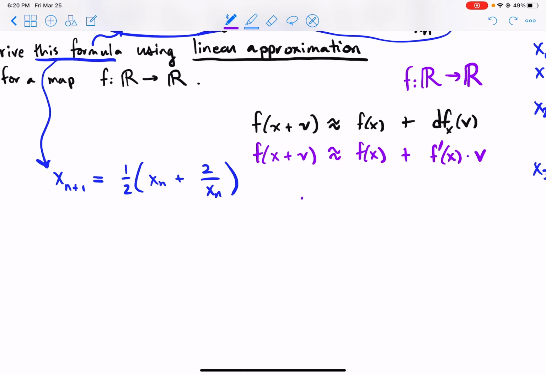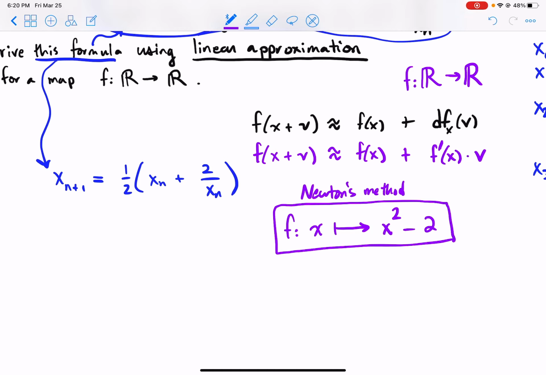Well, so Newton's method is sometimes what this is called, but it basically says, let's consider a map F that sends x to x squared minus 2. We want to find zeros or roots.